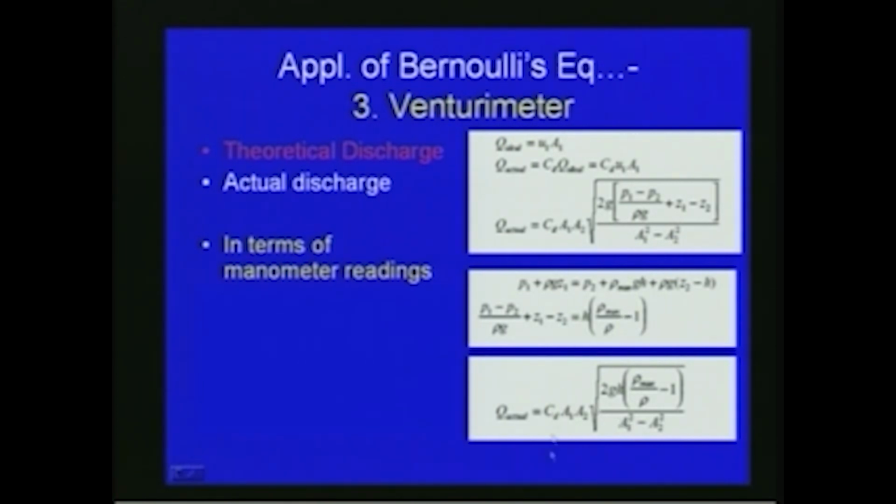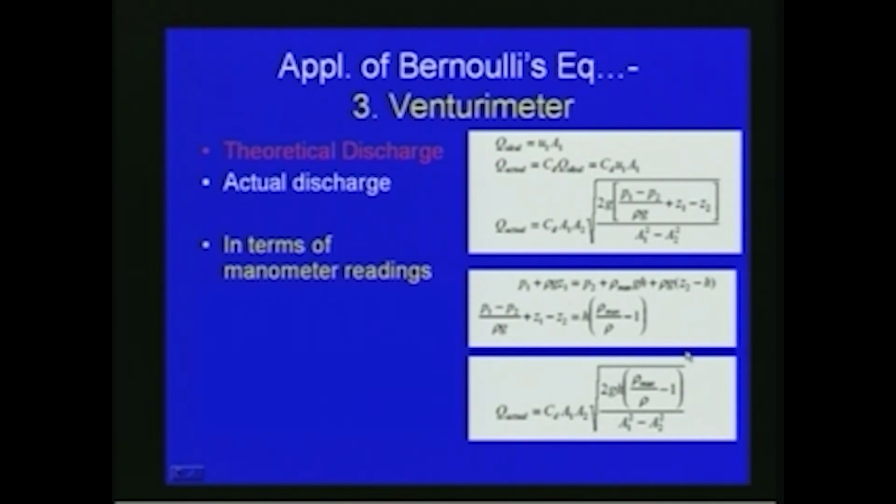So the actual discharge can be written as CD into a1 into a2 into the square root of 2gh (rho manometer by rho, the density of the fluid in the pipe, minus 1) divided by (a1 square minus a2 square). So like this, by using a Venturimeter we can measure the velocity or the discharge in a pipe flow.